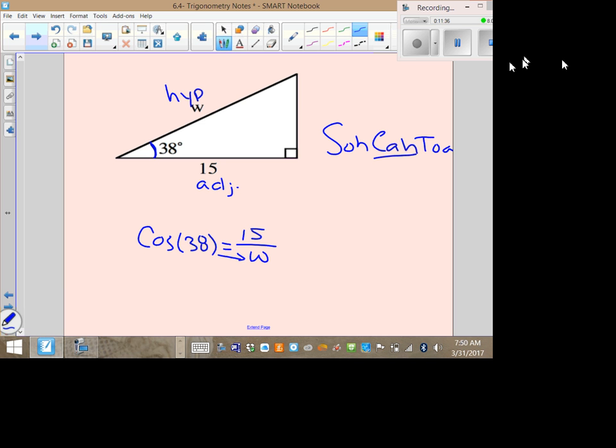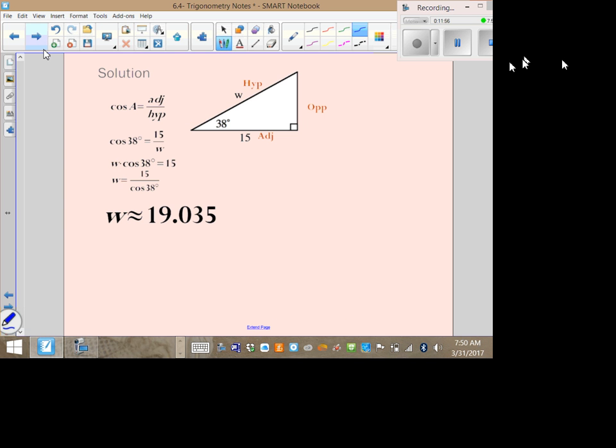Note here, I'm going to draw my arrows and switch those. So I'm going to get w to equal 15 divided by the cosine of 38. So I get w to be 19.035. So here again, you can see the work.